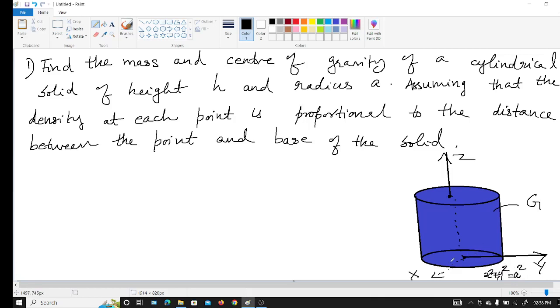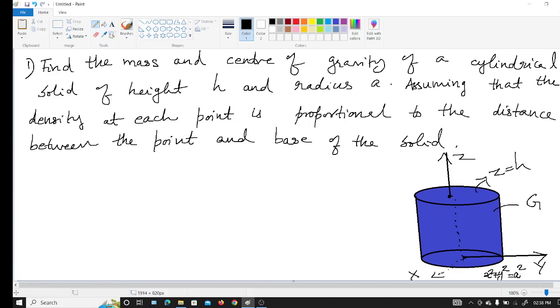So this is our circle, and the height of the solid is h, so z equals h. So this is our required figure.